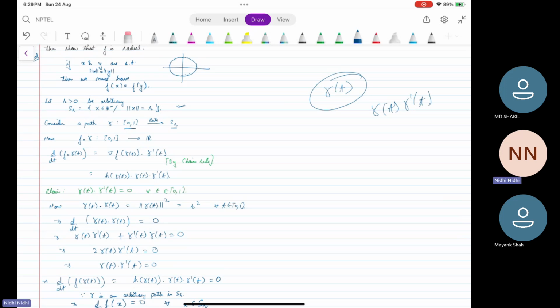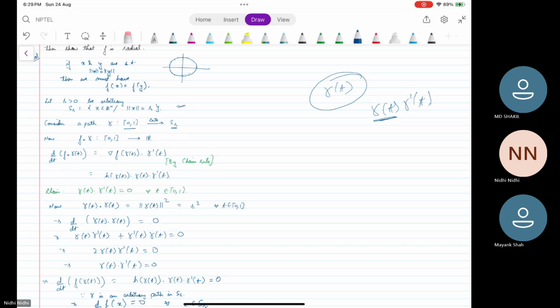Gamma t is a vector in R. Actually, gradient of f, this is of a gamma dot t product, dot product. Then here gamma t and gamma dash t, we proved that their dot product is 0.